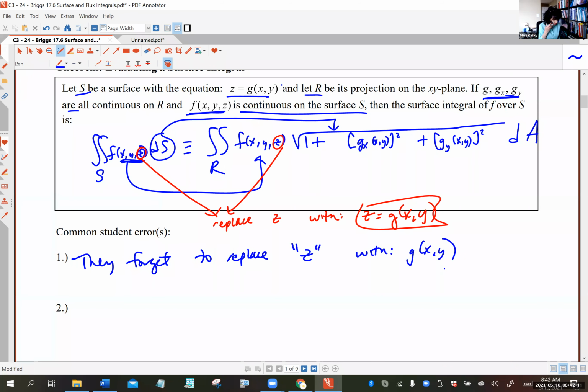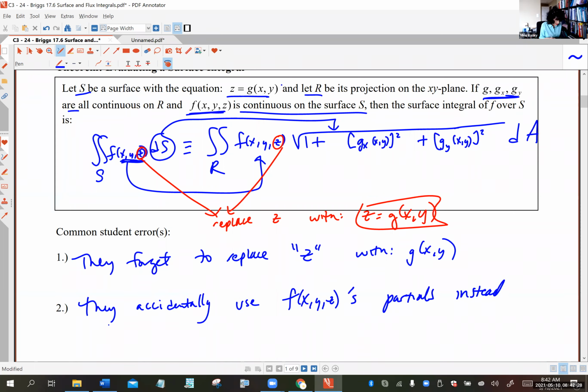Another common student error is they accidentally use the density function f of x, y, z's partials instead of the z equals g of x, y partials.